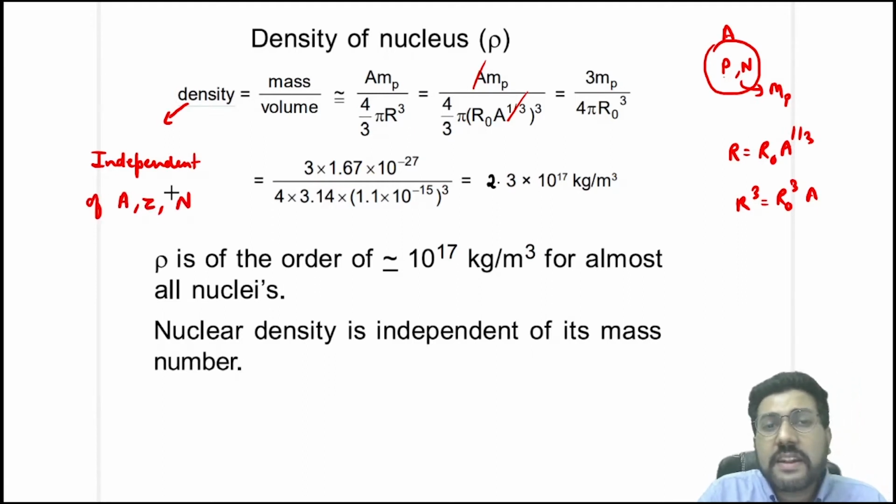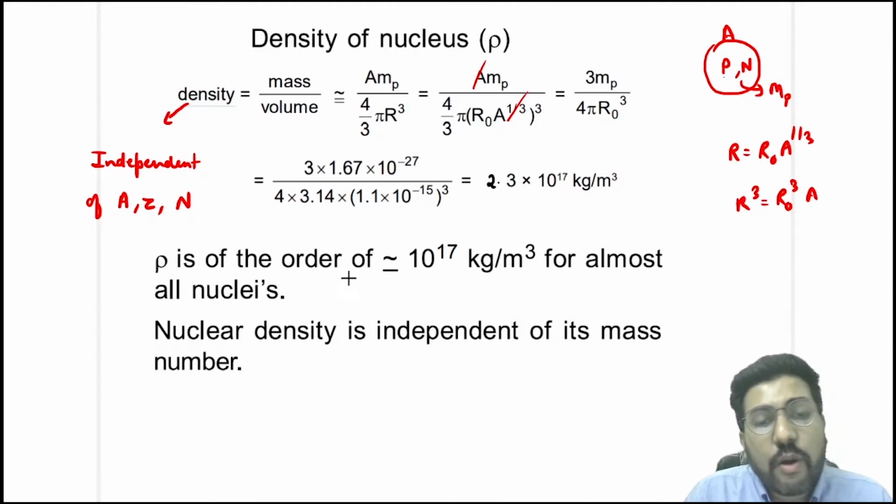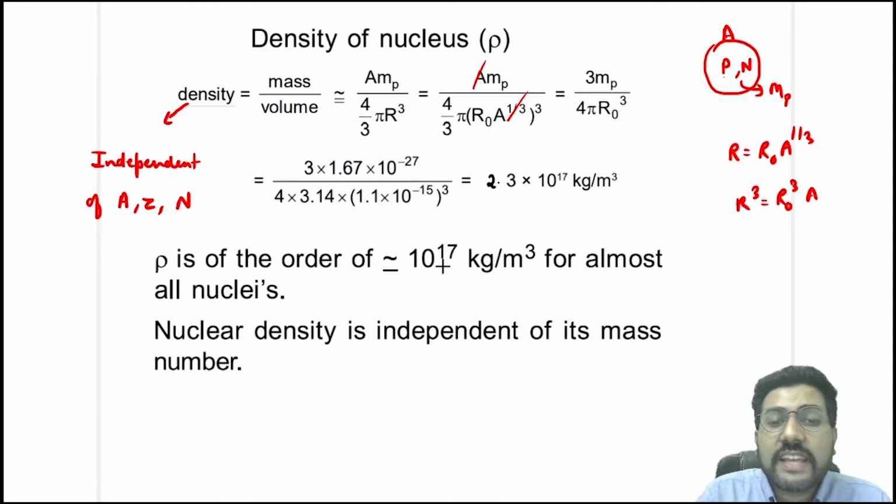That means the density of all nuclei is almost the same, whatever be the element, right? So density is of the order of 10^17 kg per meter cube for almost all nuclei. Nuclear density is independent of its mass number.